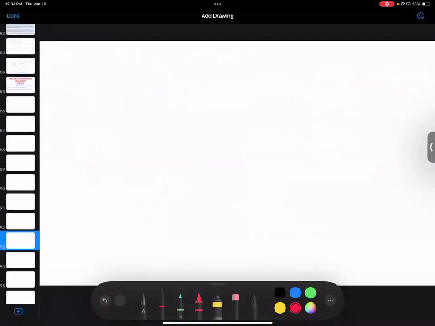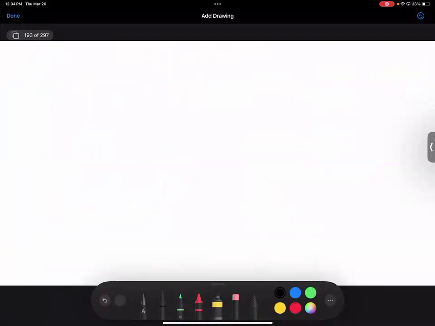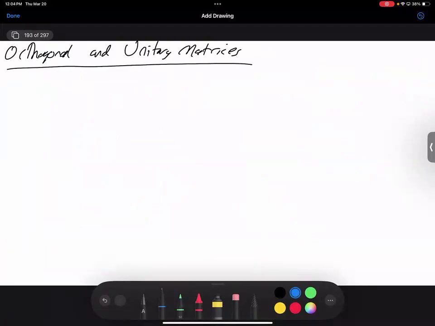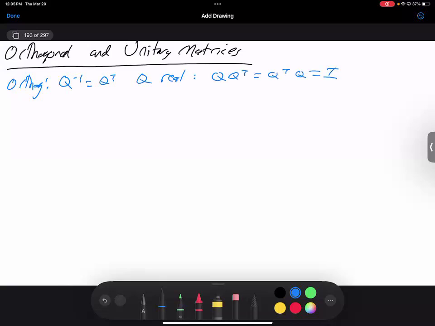Okay. So next we need to know a little bit about orthogonal and unitary matrices. So what's the definition of orthogonal? Well, the transpose of the matrix is the inverse. Good. So Q inverse equals Q transpose. And I think we want Q to be real. So Q transpose Q is the identity.